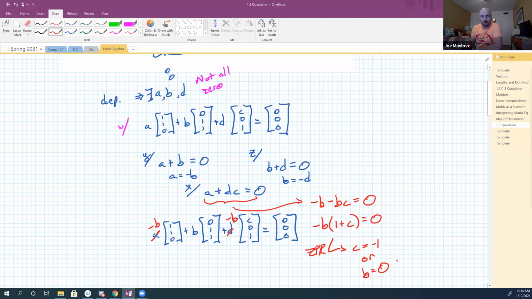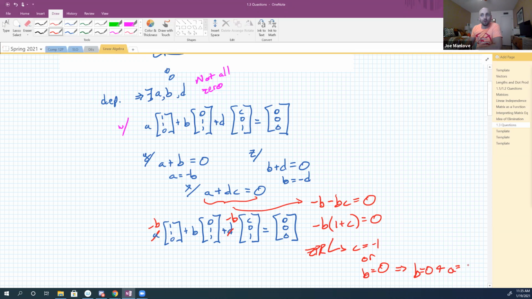It can't be 0 because then D and A would add to not 0 vector. Let me think. If B is 0, I know that B is minus D. So if B is 0, what's D? D is -0, so D is also 0. And what do I know about A?